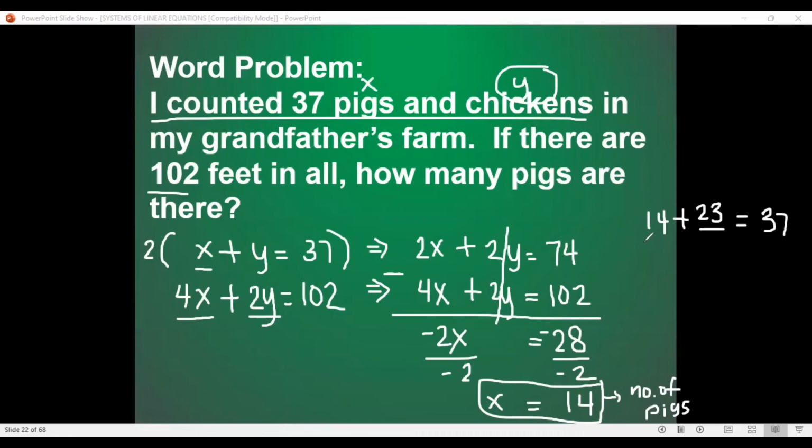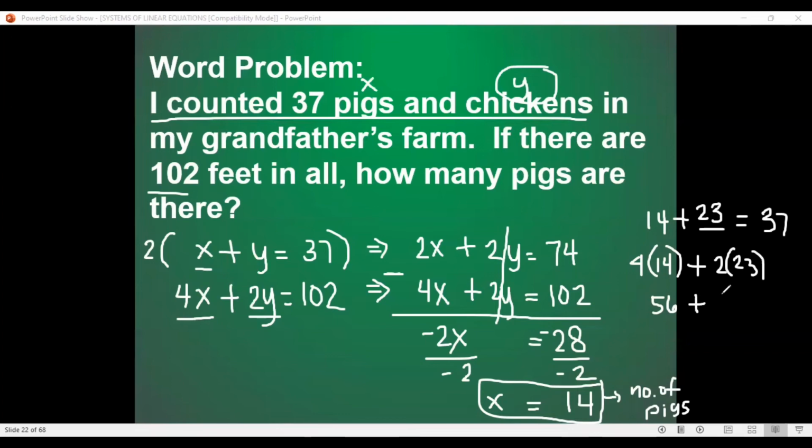And if you want to go further, looking into the number of feet that they have, I will be multiplying 4 with the 14. So 4 times 14 is equal to 56. And then plus, of course, the chicken has two feet, so 2 multiplied by the 23. 2 times 23 is equal to 46.